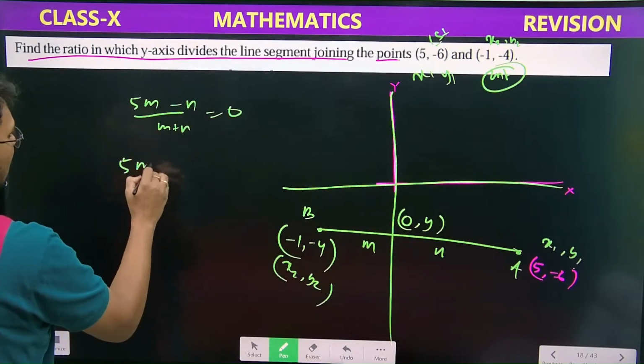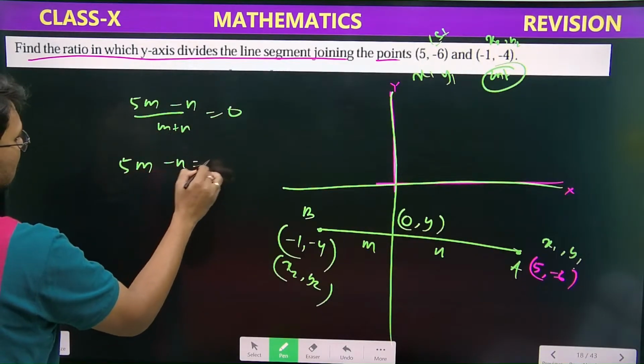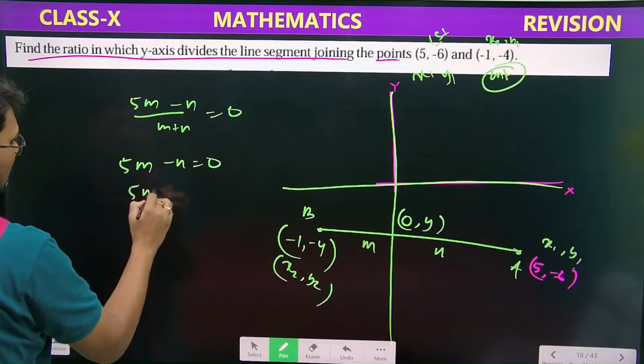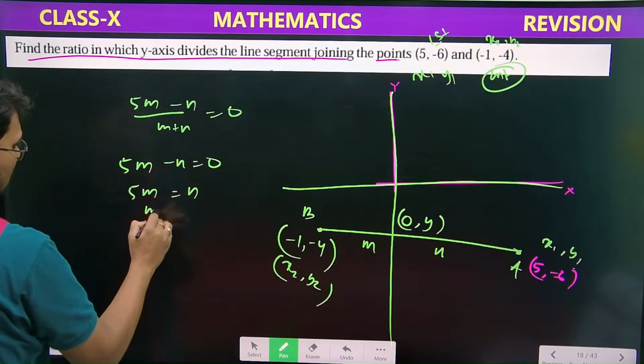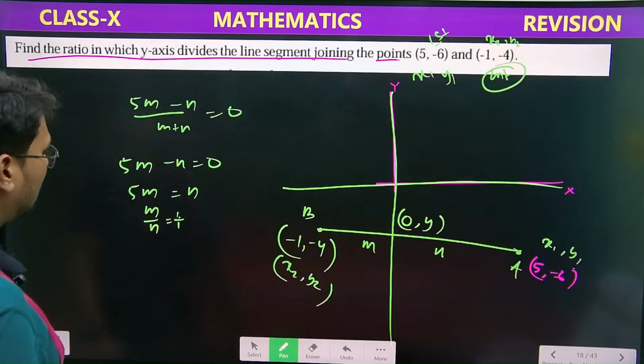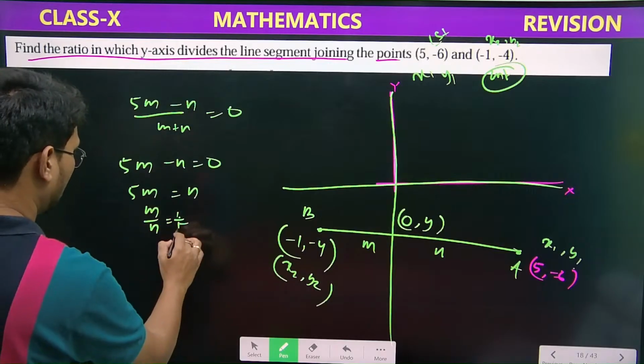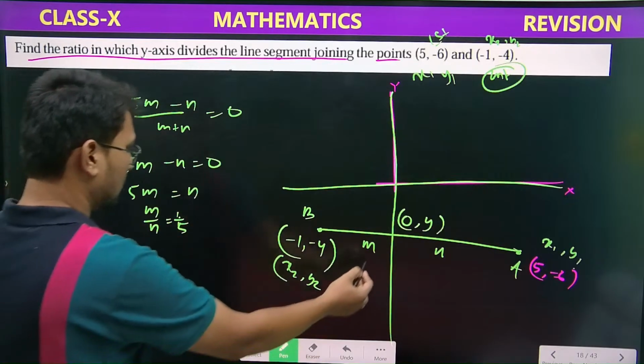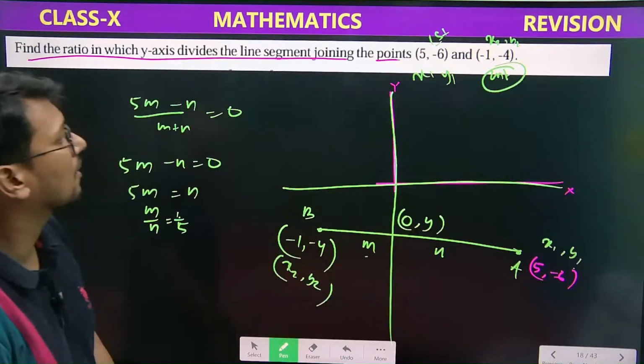So 5m minus n equals 0. So 5m equals n. So m by n equals 1 by 5 is coming. 1 by 5 means which one? This is 1, this is 5.